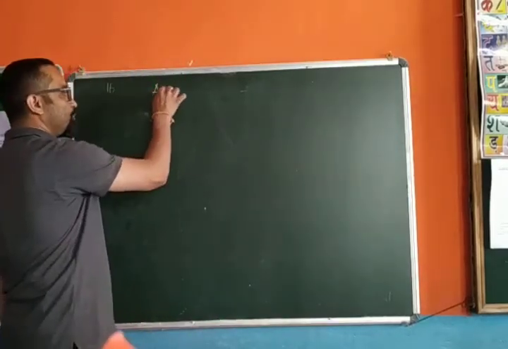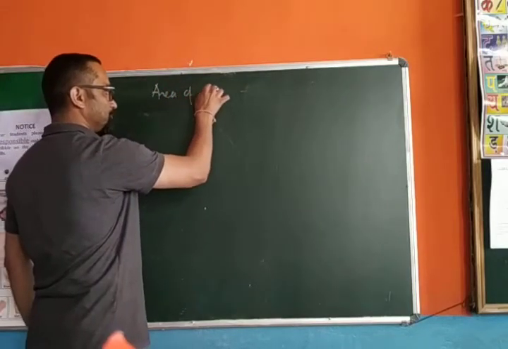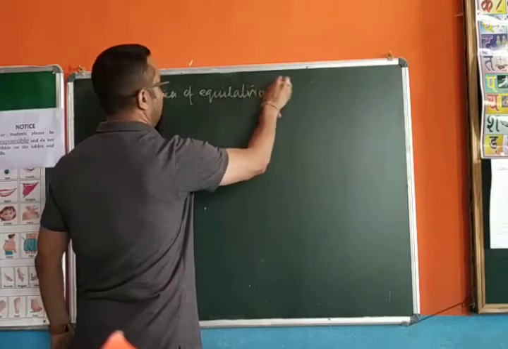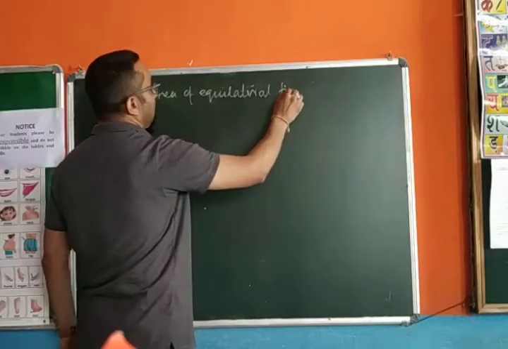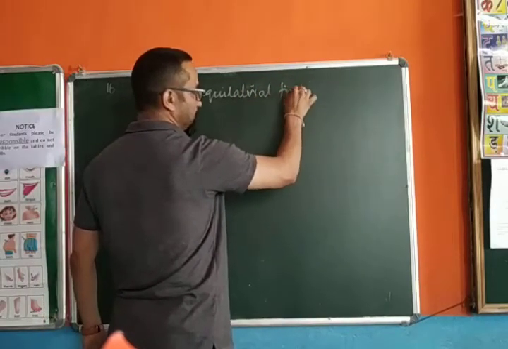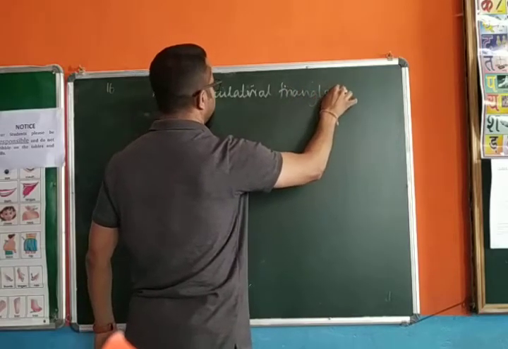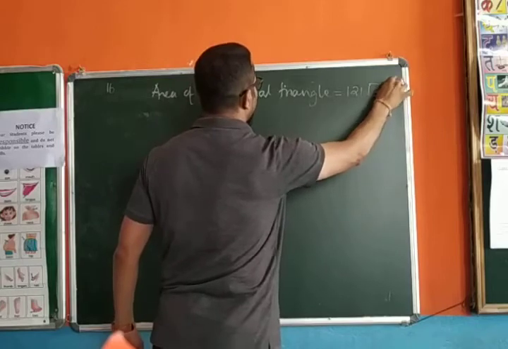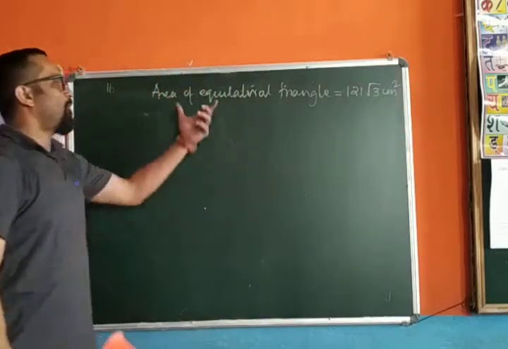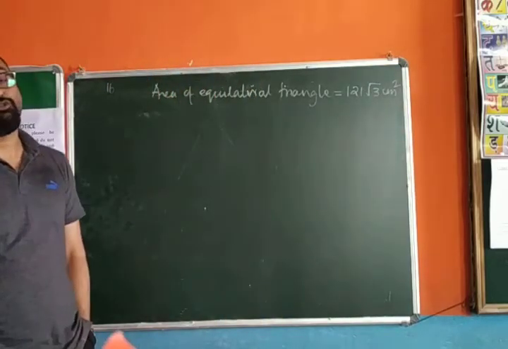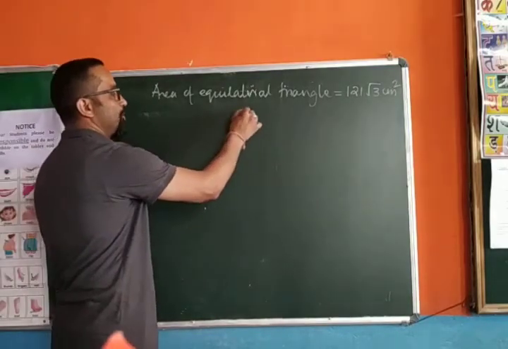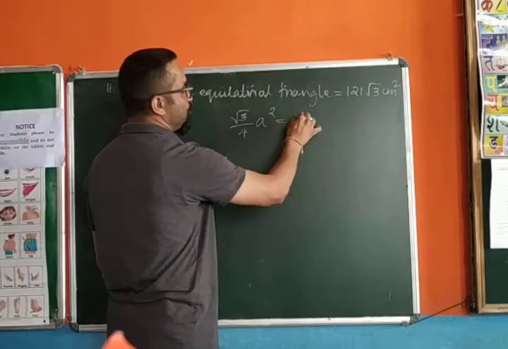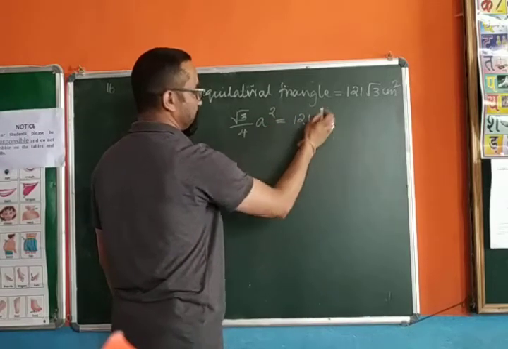Area of equilateral triangle is given, which is equal to 121√3 centimeters squared. On the left hand side, you need to write down the formula. √3 divided by 4, a squared is equal to 121√3.